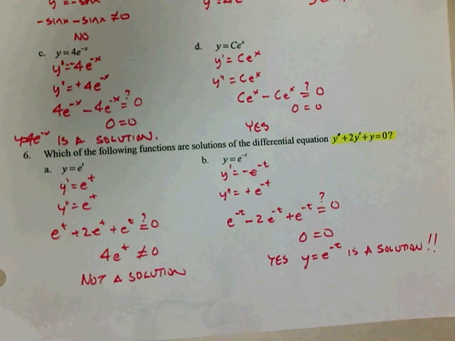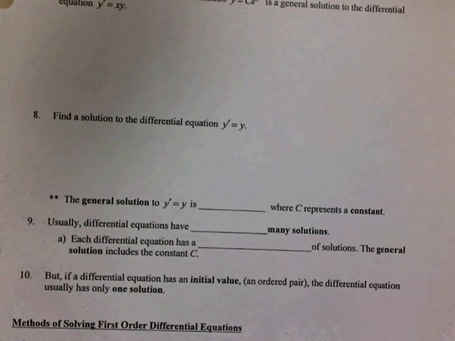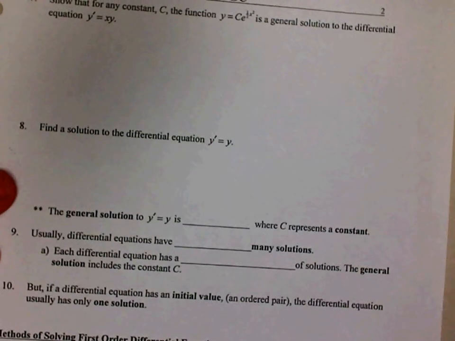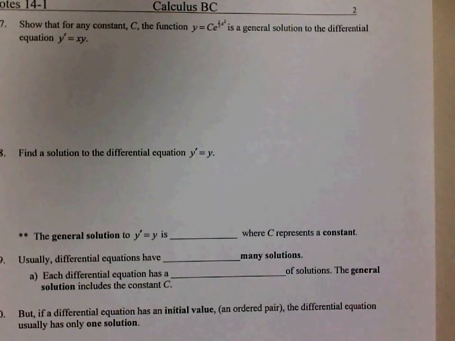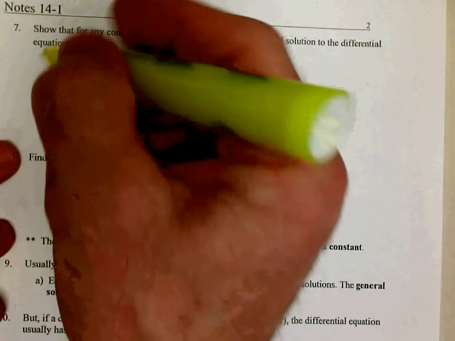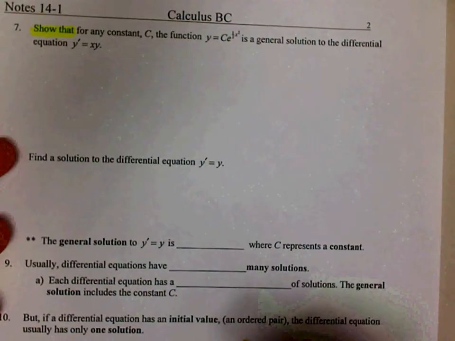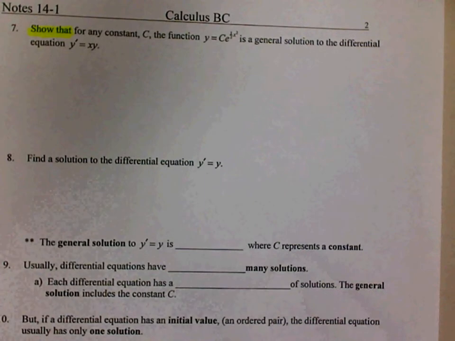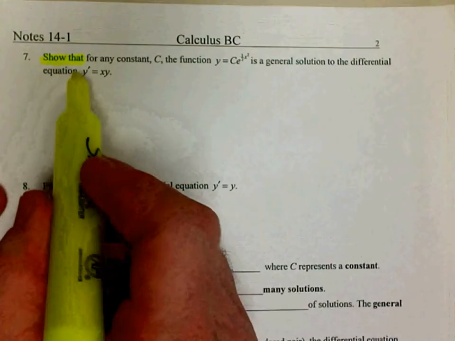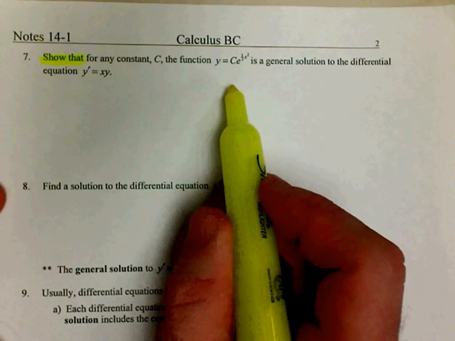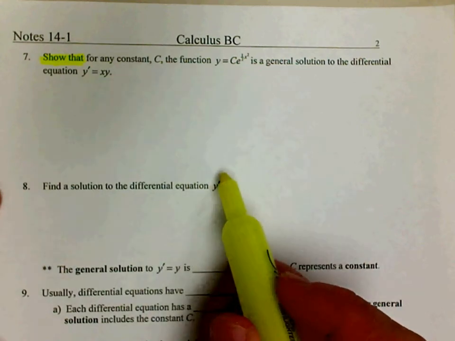Let's look at another differential equation. And the next one says, show that. Important words here, especially when we're talking about AP language: show that. Show that means think of this as prove: start with something, get all the way down to a conclusion.